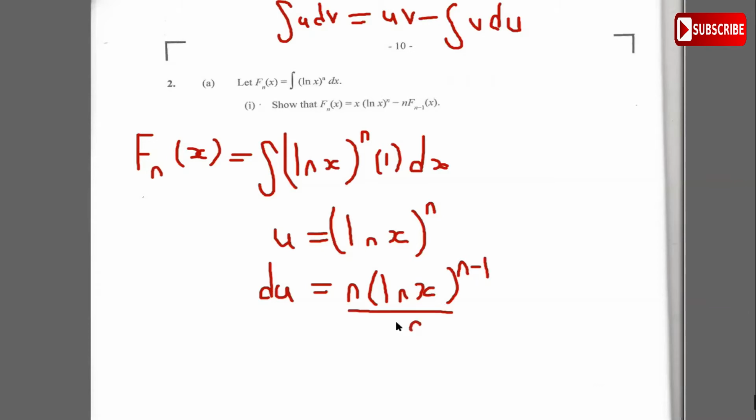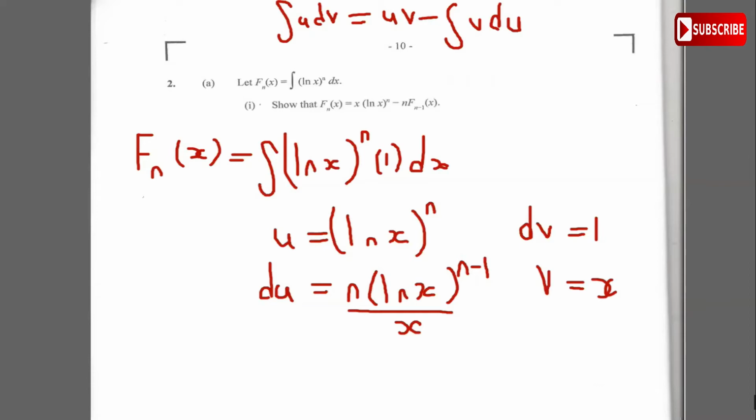We're going to then call dv 1, and if dv is equal to 1, then v is equal to the integral of 1, and the integral of 1 is x.